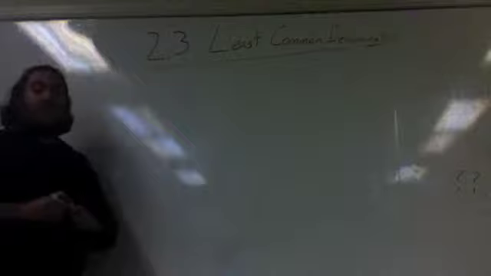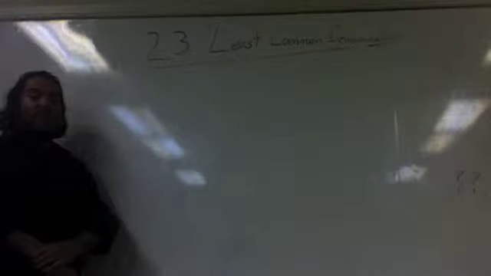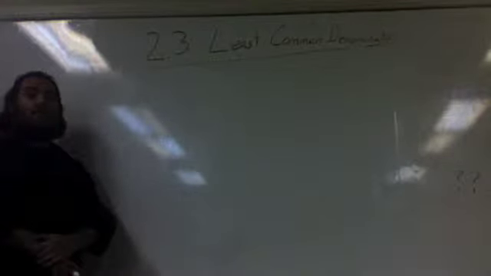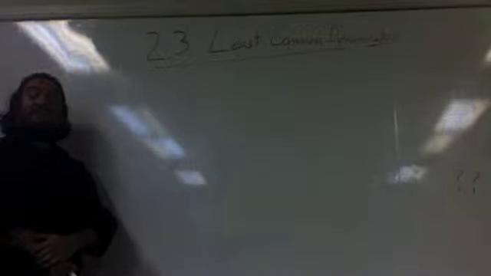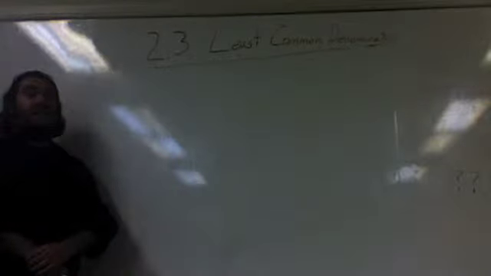Remember from last year, and possibly years before that, a multiple is the product of a number and any other whole number. So for example, the multiples of 4 would be 4, 8, 12, 16, 20, and so on and so forth. They go on forever.